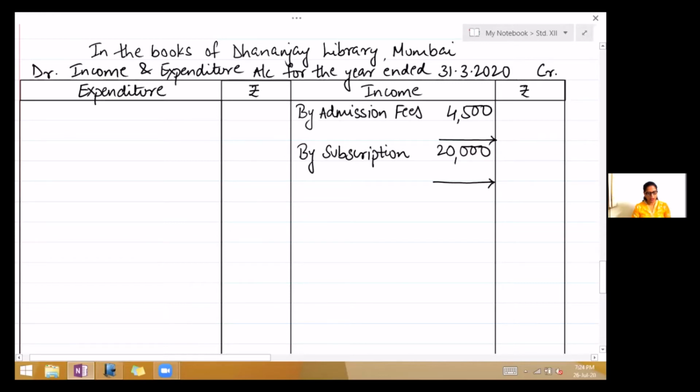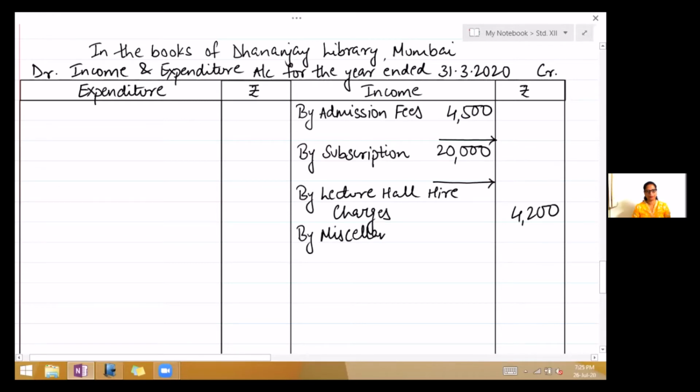To lecture hall hire charges. So write by lecture hall hire charges 4,200. Miscellaneous income. So by miscellaneous income, 250.